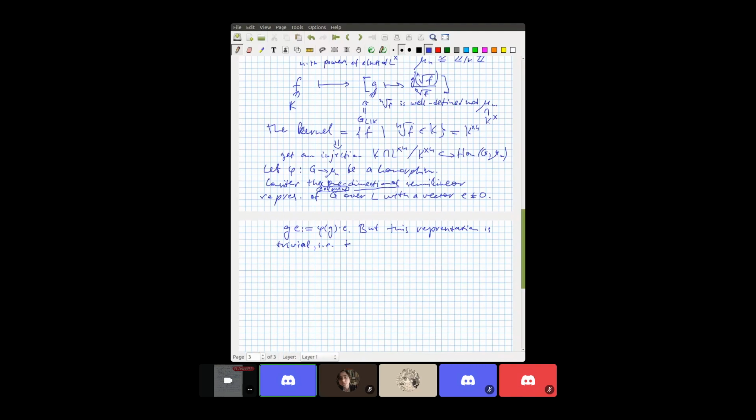That is, there is a vector fixed by this group, and this means that all vectors are multiples of our E. So there is an element F in L such that Fe is fixed by G. This means that G of Fe is equal to Fe for all elements of our Galois group. Now, what is written here?